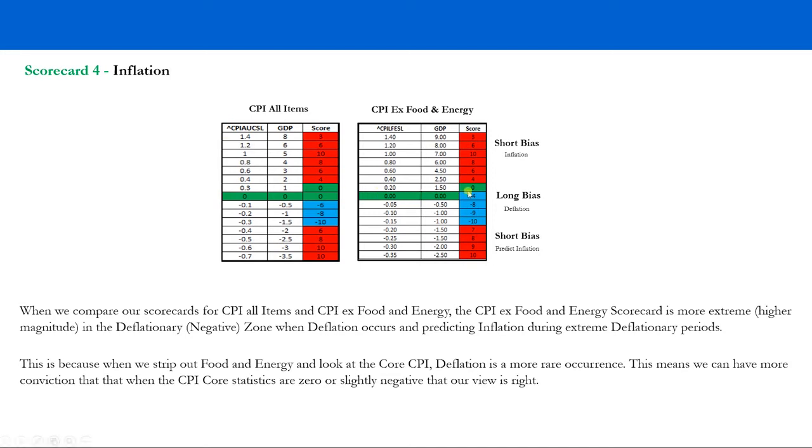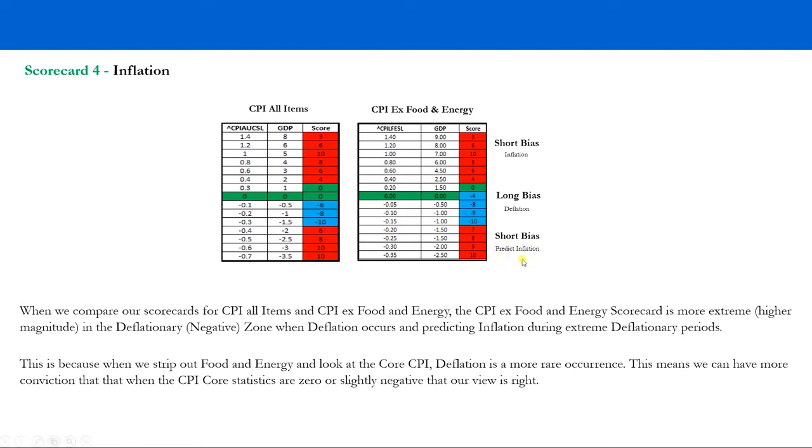So when we have a 0 or slightly negative number, we basically are saying that the currency in the short term is going to increase in value because prices are going lower, deflationary. But if this gets out of control, we have a very high conviction, even relative to the CPI, that the central authorities are going to react and spur inflation in some way.